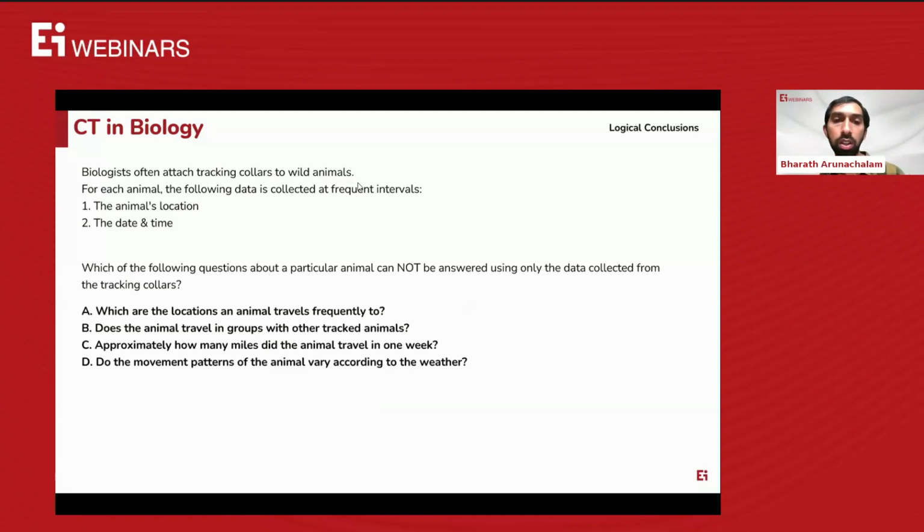Which are the locations an animal travels to frequently? Does the animal travel in groups with other tracked animals? Approximately how many miles did the animal travel in 1 week? Option D is, do the movement patterns of the animal vary according to the weather?